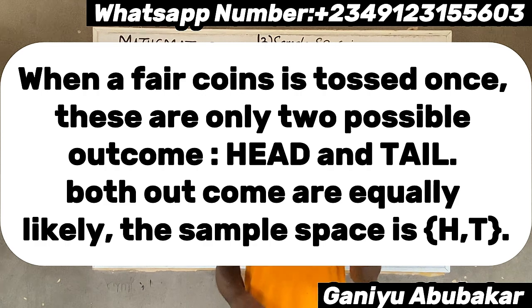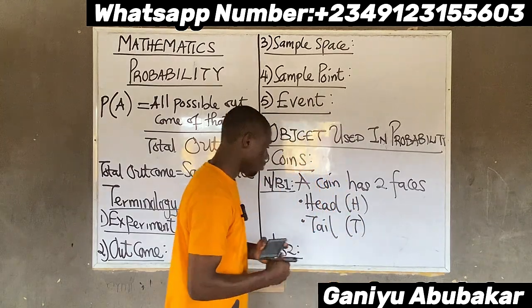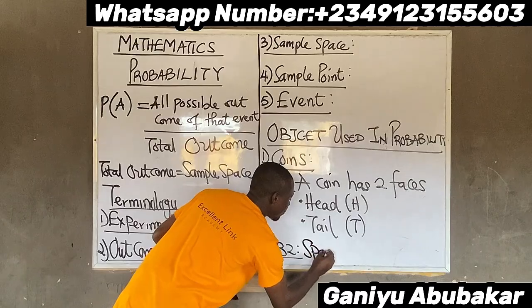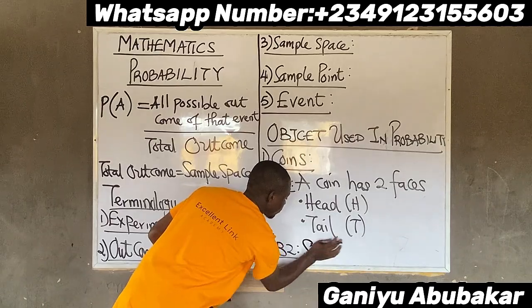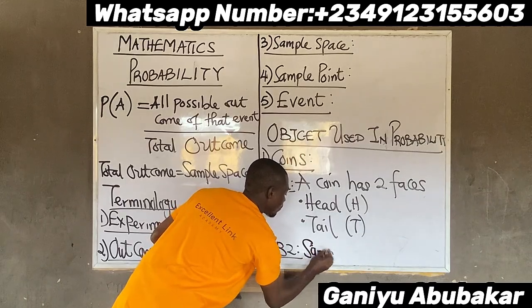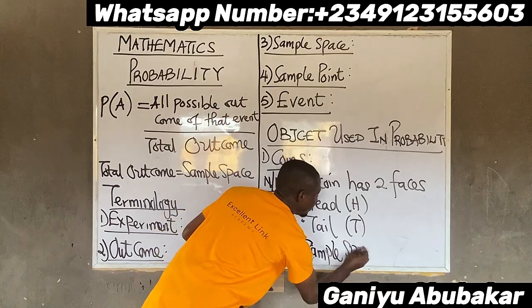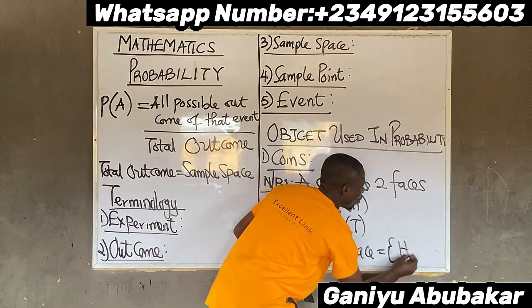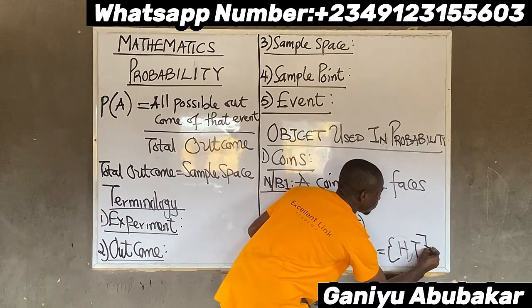The sample space is {head, tail}. So we're saying that the sample space of a coin is head, comma, tail.